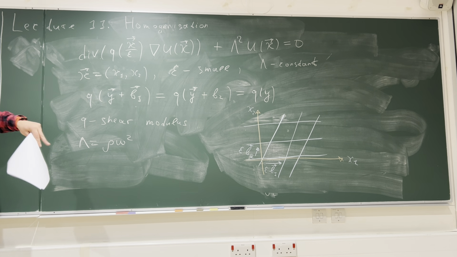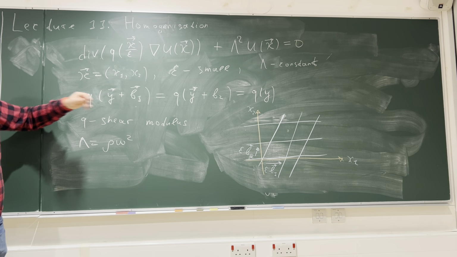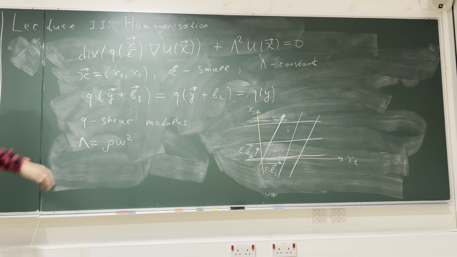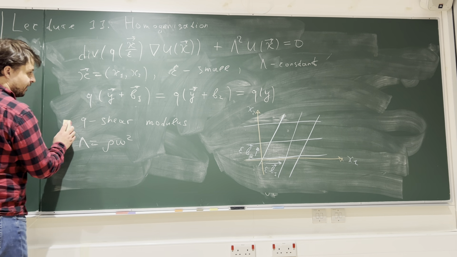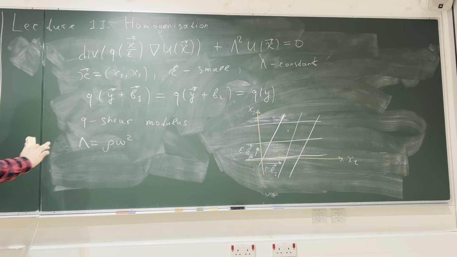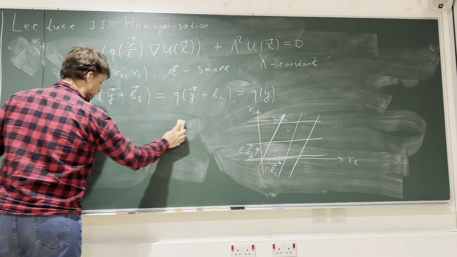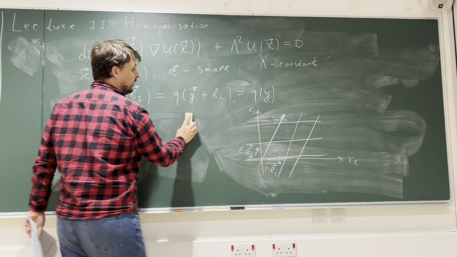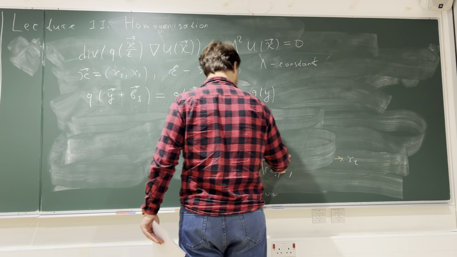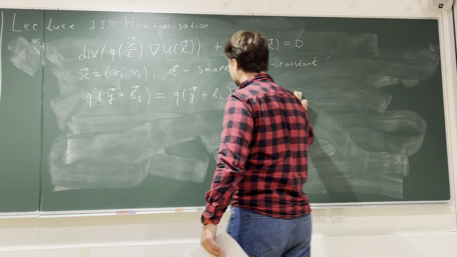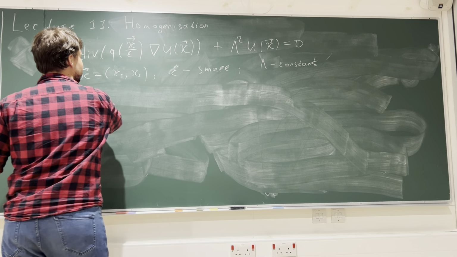Yeah, I have a periodicity with respect to the small variable. I need to make one more step to make it a variable, and that's the idea of homogenization.